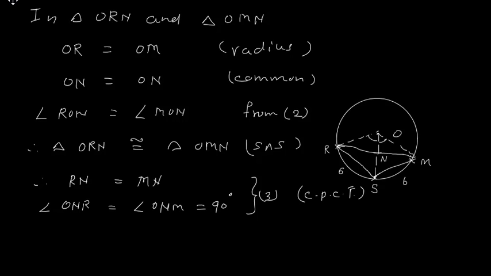Now here, as the problem is too lengthy, I have not used another equation to show that they are linear pair and their addition is 180 degree and each angle is equal to 90 degree. Directly you can write RN is equal to MN and angle ONR is equal to ONM is equal to 90 degree.